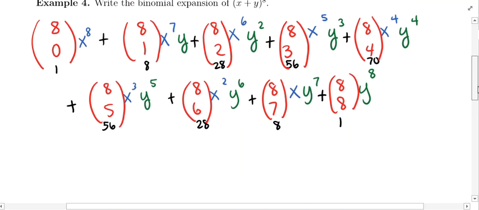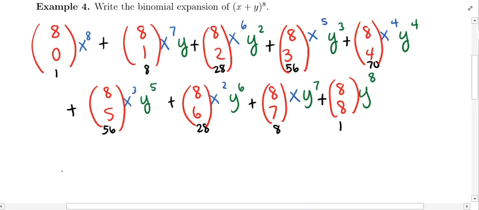Okay, so now that we have these binomial coefficients, we can write down our official expansion.